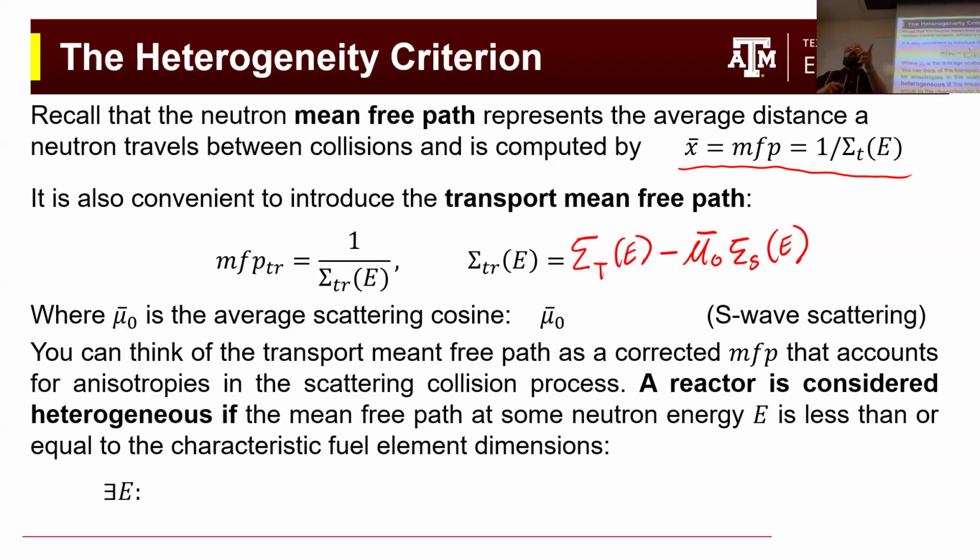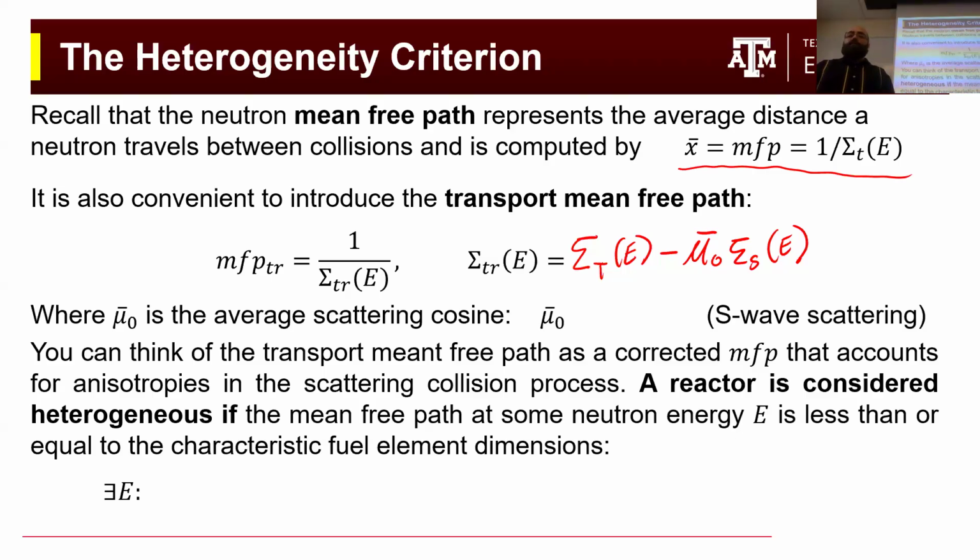What that mu0 bar times sigma s does is provide a correction factor to the total cross section to account for any possible anisotropies that occur as a result of the scattering process.